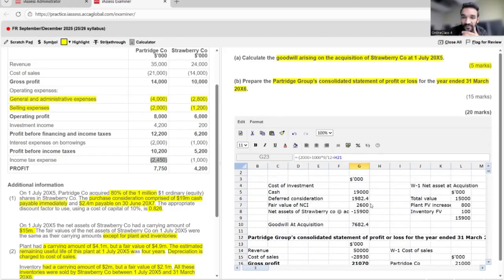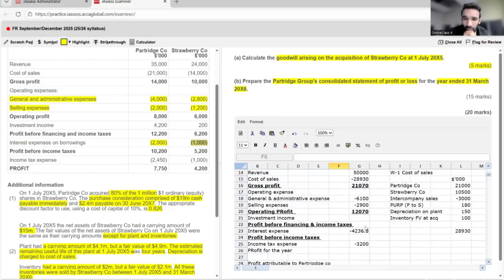Unwinding of deferred consideration, this is the present value into the 9 by 12. This is the easy way. 2,000 plus 1,000, this is the finance cost, plus the unwinding. I hope it has calculated the correct calculations, right?